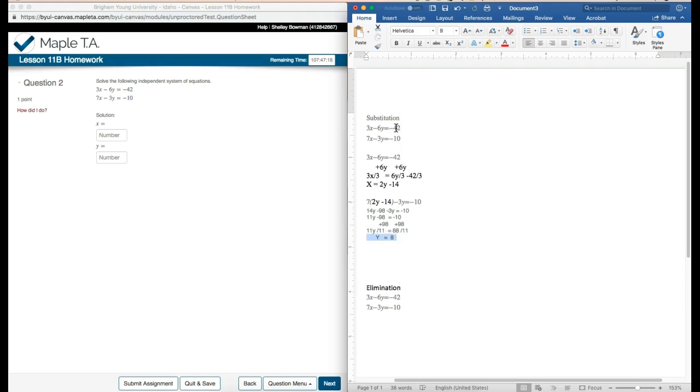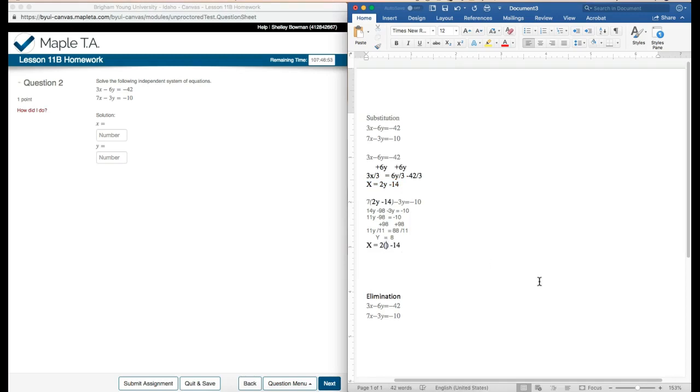So I'm going to go up to the top, and either equation will work for this one, except that I already have this one right here solved for x. So it's kind of nice. I don't have to do any more solving on these. I could go up here and do either of those. It doesn't matter. But this one's super easy, so I'm going to do this one. And again, every time I'm substituting, I'm going to put in parentheses.